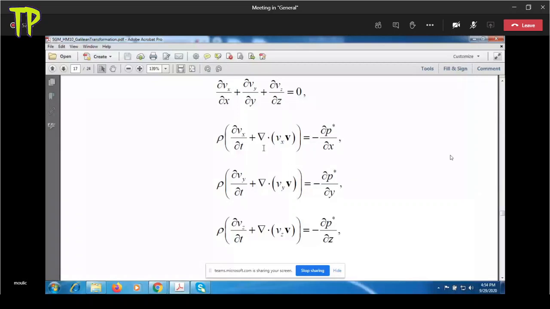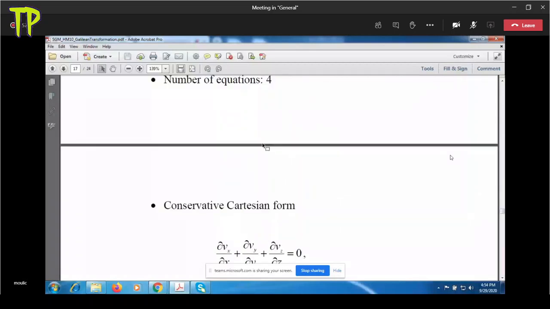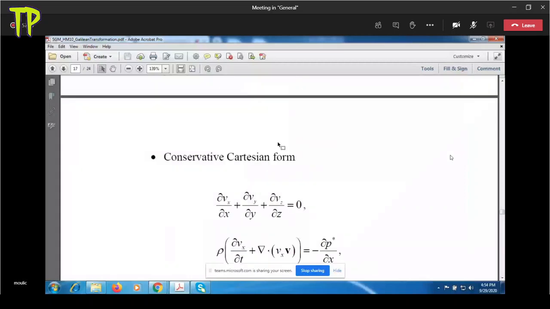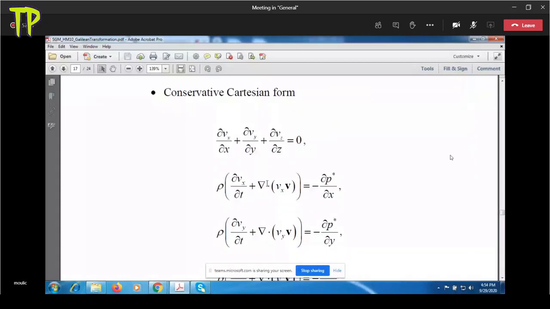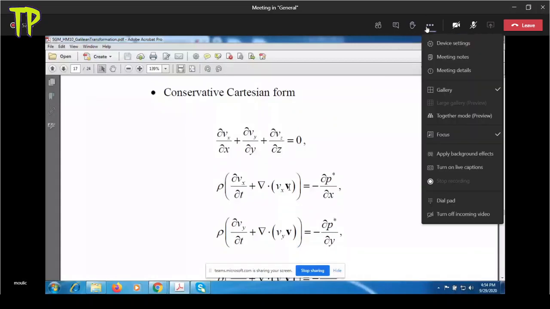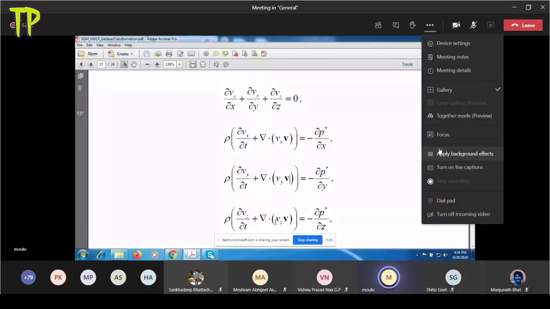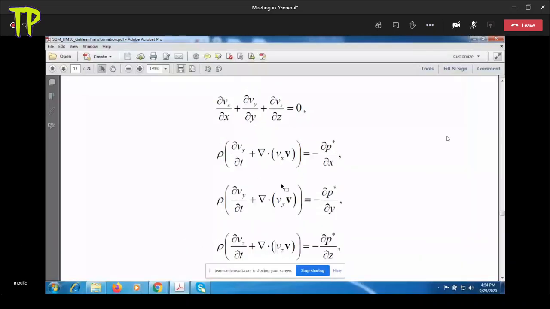So here you have V inside the divergence operator. Here it was V dot grad; this is called the non-conservative form. And this is called the conservative form, which is divergence of Vx V. If you look at the analogous term in the y and z momentum equations, you just replace Vx by Vy and Vz, and this V remains as it is.